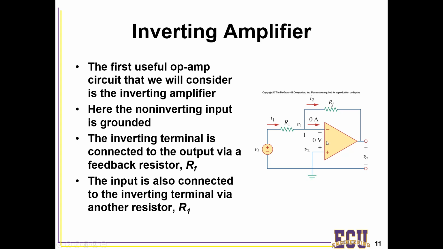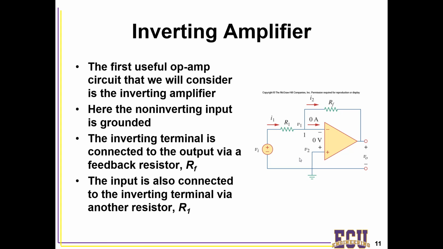Notice that because we do have negative feedback, that is, we have a feedback pathway from the output voltage back into the inverting input, that means that V1 does equal V2. That is, the voltage at the inverting terminal is the same as the voltage at the non-inverting terminal.